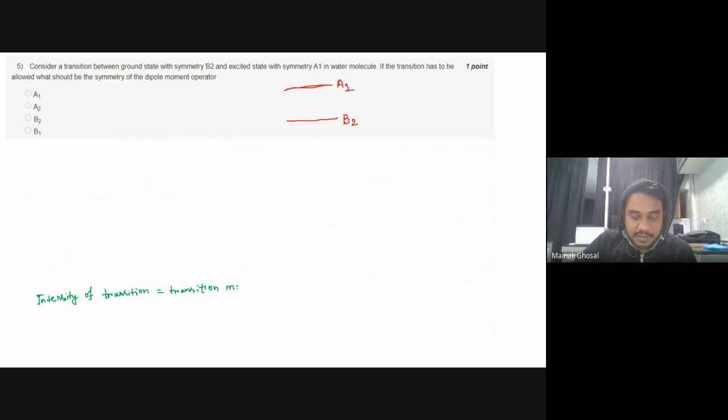So I can get what should be the intensity of transition of my system, or for this kind of transition, I can get this value from the calculation of the transition moment integral. So this value will be psi f star mu psi i. I have discussed it several times. So this is my transition moment integral.